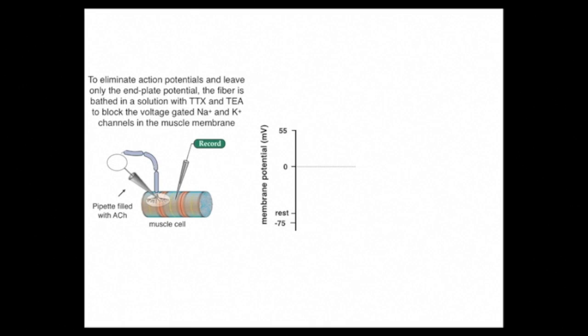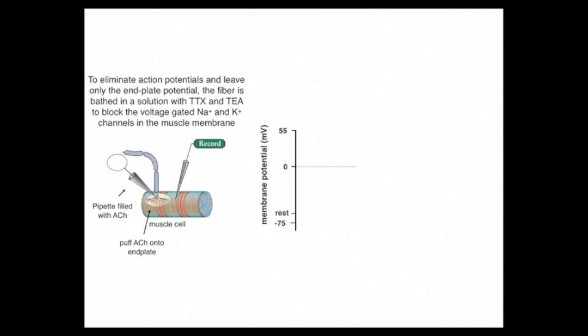But we are not interested in the action potential. We want to study the end plate potential without the confounding influence of an action potential. The end plate potential can be isolated by bathing the muscle in a solution containing tetrodotoxin, TTX, and tetraethylammonium, TEA, toxins that block the voltage-gated sodium and potassium channels, thereby preventing the generation of an action potential.